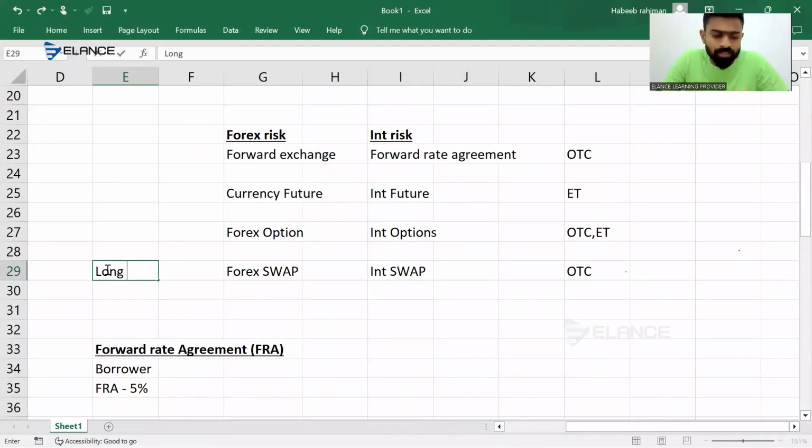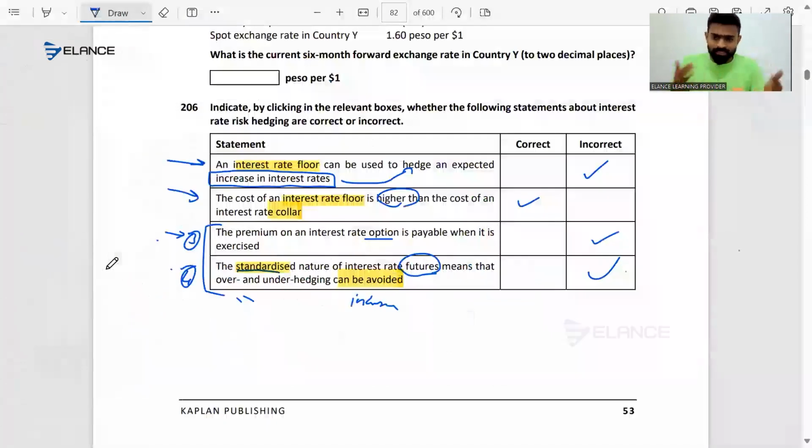All others are short-term hedging. Swaps offer long-term hedging, like 5-year, 6-year, 7-year hedging. What is a forex swap? What is an interest swap? That requires much more time to explain.